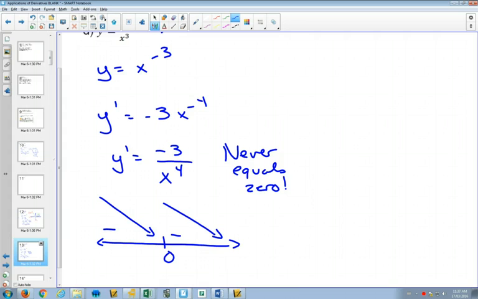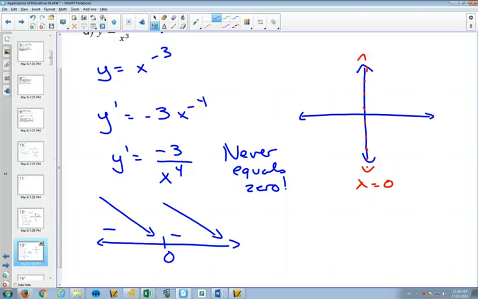When we go to draw our graph, the first thing we have to do is add our asymptotes, because we have a non-permissible value at x equals 0. And if we look at the limit as x goes to infinity of 1 over x cubed, we see that we have an asymptote at y equals 0 as well. Now, what's the only way you can draw this so that it's going down in both sections?